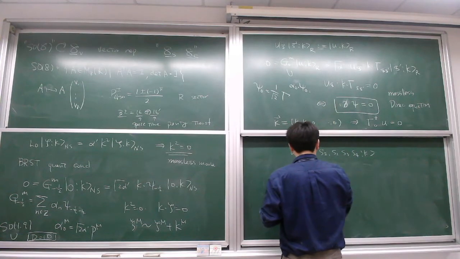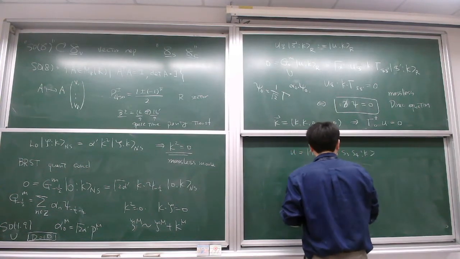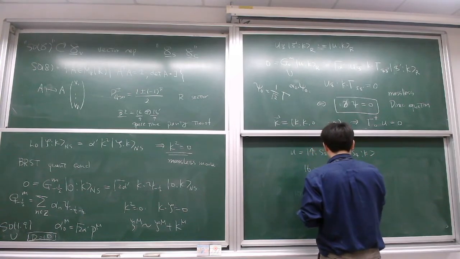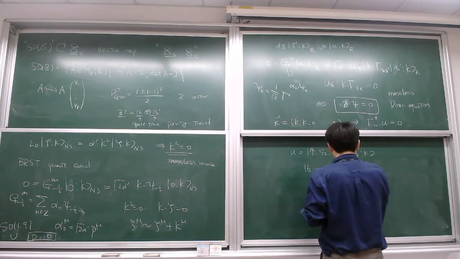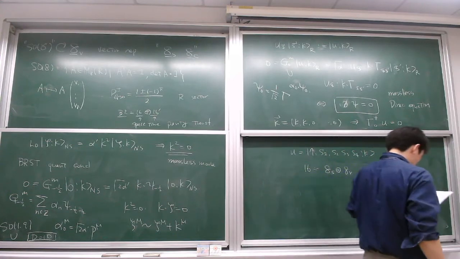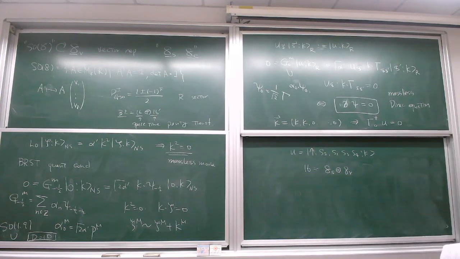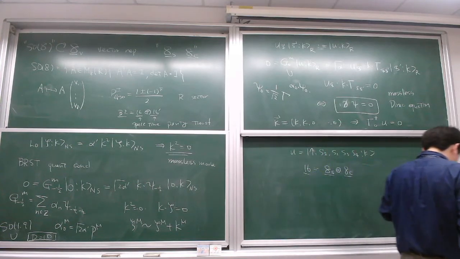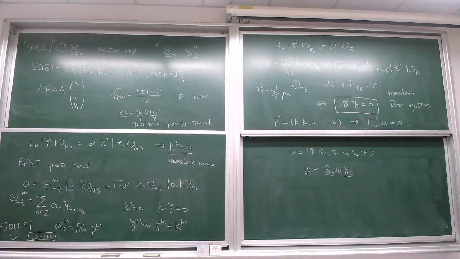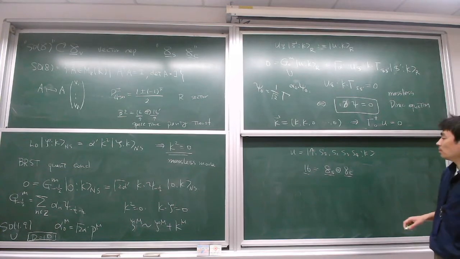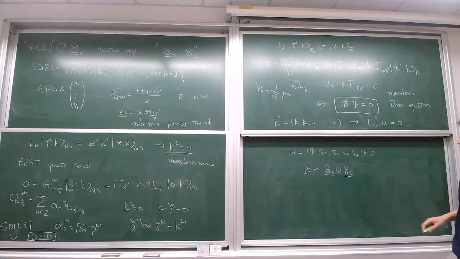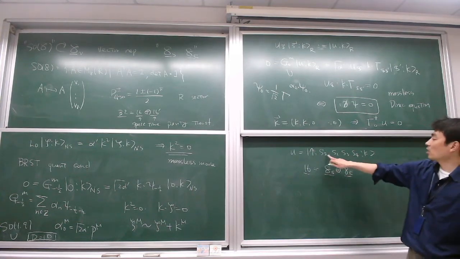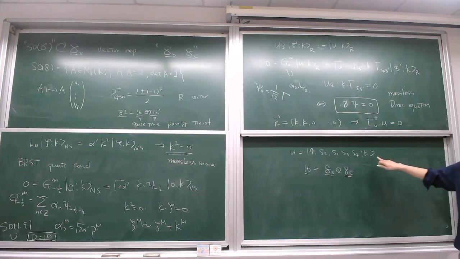The 16 is decomposed into 8s plus 8c. It automatically decomposes into the 16 representation depending on the chirality operator, so it's even or odd.